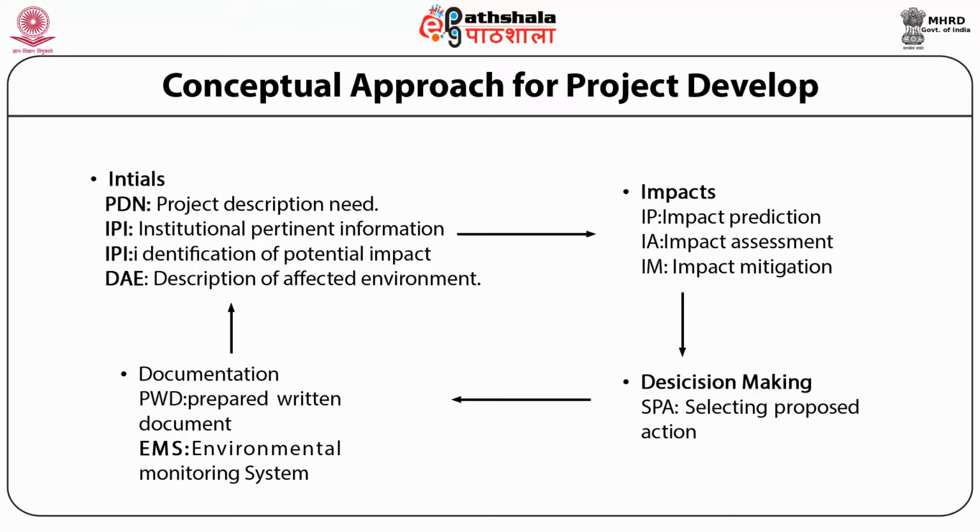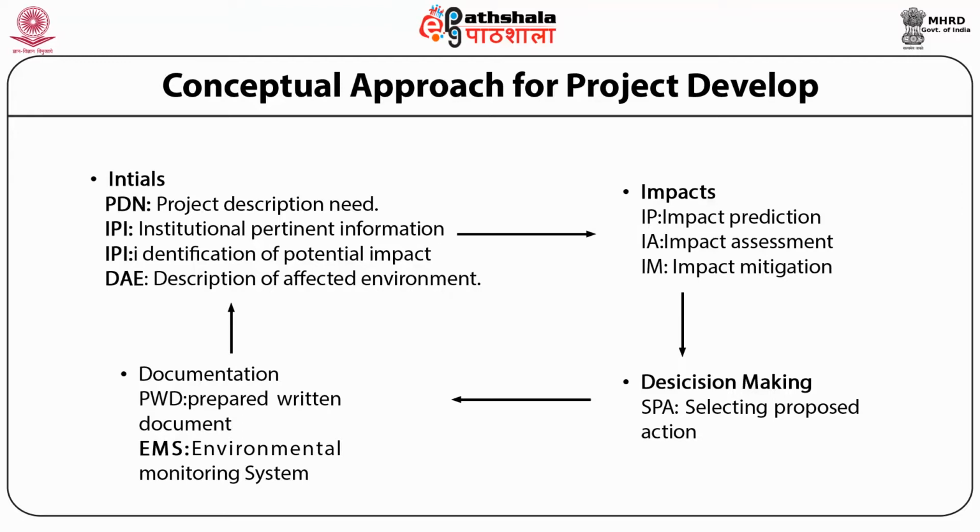The next step is the DAE, that is, description of affected environment. It means here we write all the indices and indicators of the environment which is affected by the project activity. The next step is the impact part, where the first procedure is impact prediction, where the experts predict the potential impact of the project development or operation on the environmental condition.